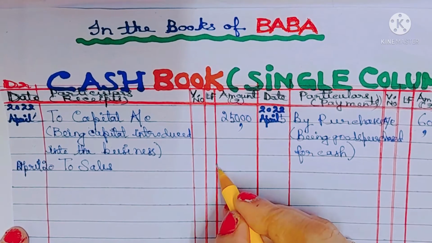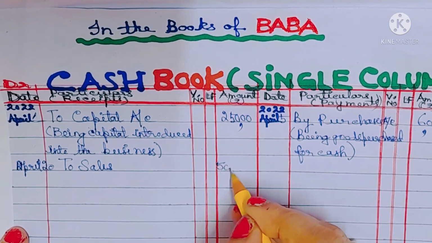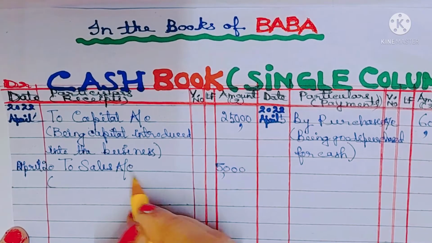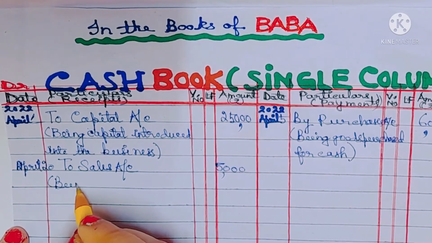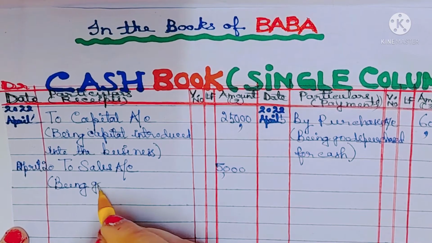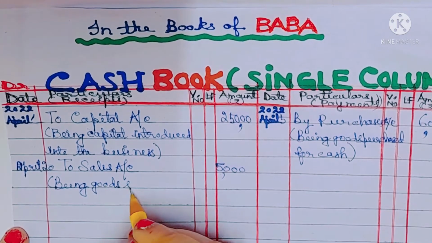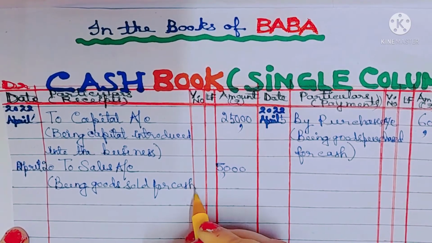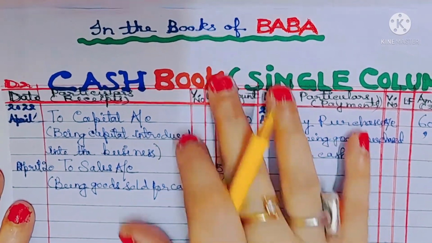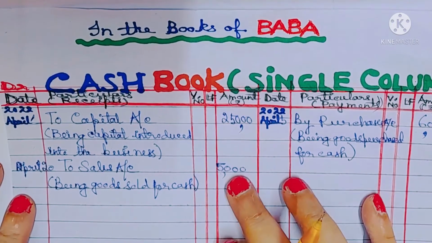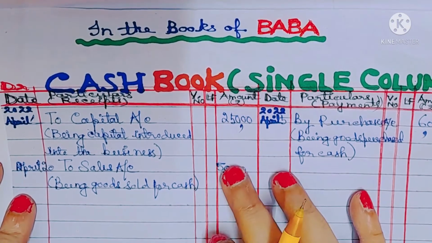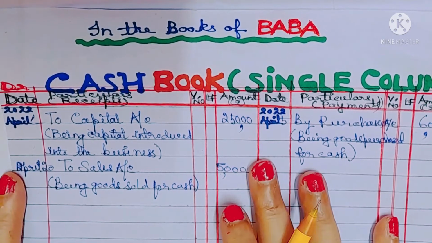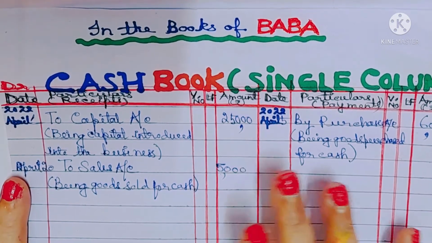How much? 5,000. Being goods sold for cash. And moreover, cash book is a real account. So when Baba is selling goods, cash comes in. So 5,000 will be debited. Okay. So let's see the next transaction.